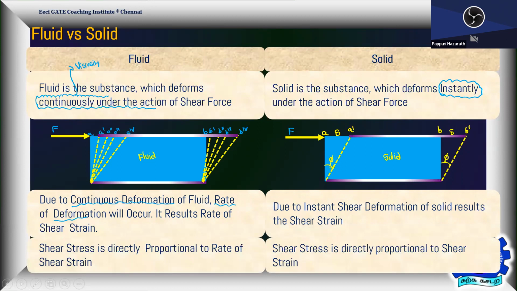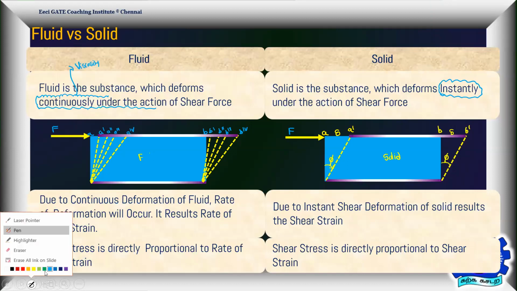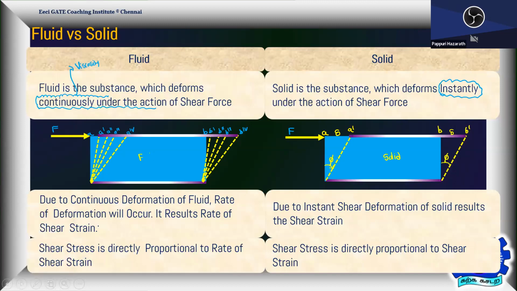Understood now? In fluid mechanics, Newton's law of viscosity. That part will be coming in the fluid mechanics course. I think if you know, that would be better. Shear stress is directly proportional to rate of shear strain in case of fluids.